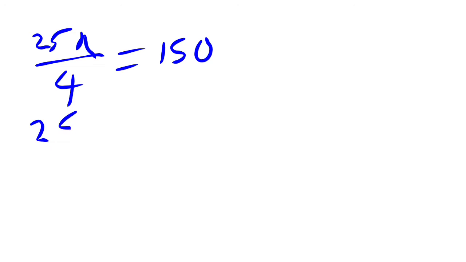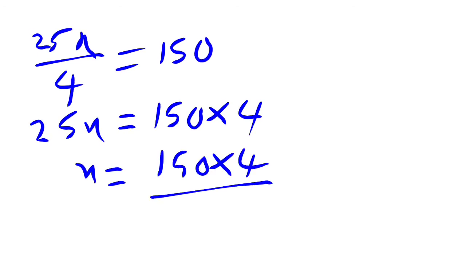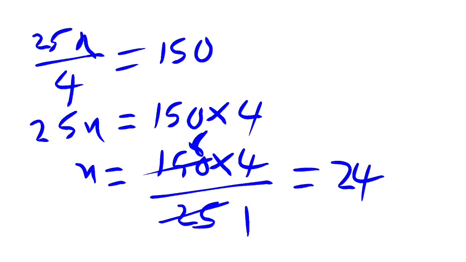Now 25x equals 150 into 4, then x equals 150 into 4 divided by 25. 25 ones are 25, 25 6s are 150. So then 6 4s are 24.